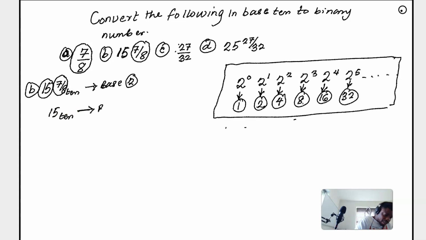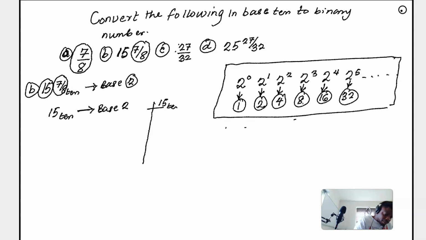So let's take this one to base 2. Remember how to convert from base 10 to base 2. I have done this in my previous video. If you don't know how to do this, click on the top right hand corner so that you can go to the previous video to learn about that. This is done by successive division.